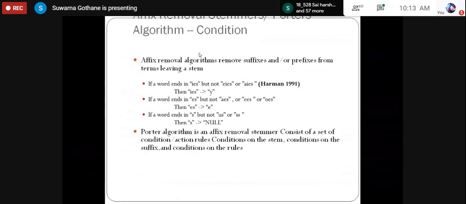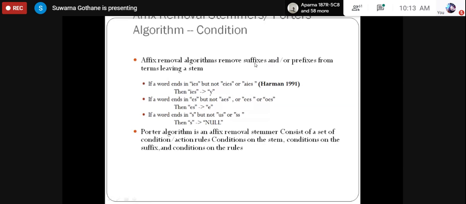This algorithm is totally based on a morphological concept, or we can say a semantic based concept. In the affix removal algorithm, we remove the suffix or prefix.